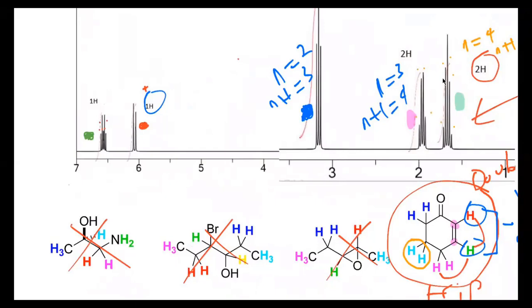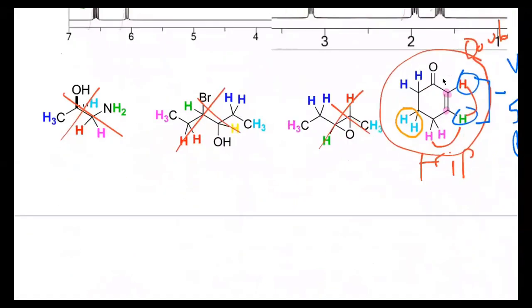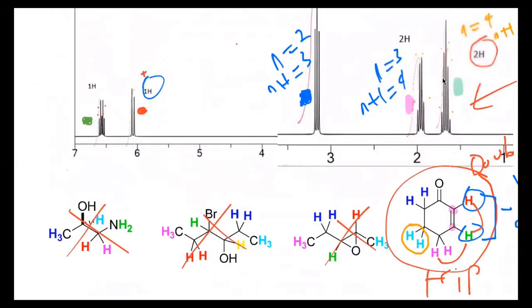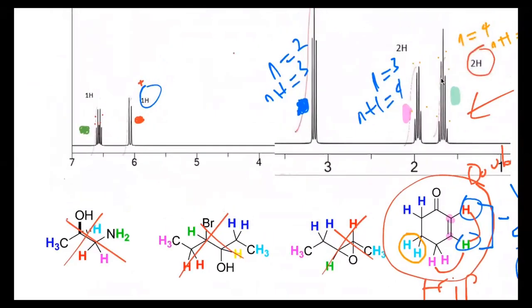All right. Any questions about anything up to this point? Is this clicking at all for y'all? Yes. That double triplet stuff, that's a different ball of wax, man. It's the splitting patterns.